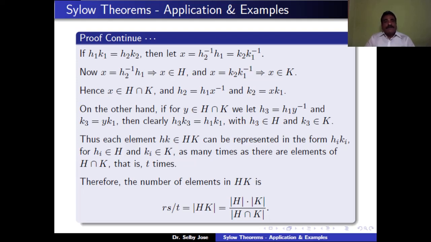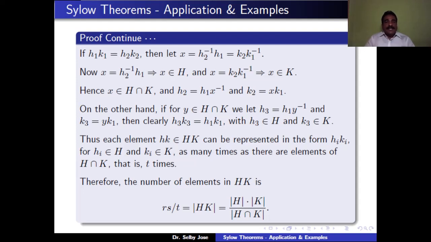On the other hand, if y belongs to H intersection K, and we define h3 equal to h1 y inverse, that is an element of H because h1 is in H and y is also in H. And if we define k3 equal to y into k1, it belongs to K. So clearly h1 k1 is equal to h3 k3. That means that for any y belonging to H intersection K, we can find h3 in H and k3 in K such that h1 k1 is equal to h3 k3.